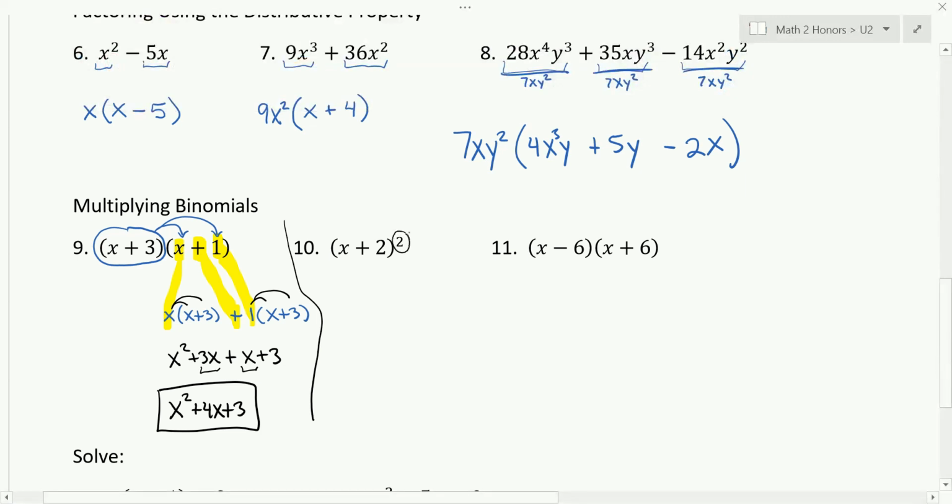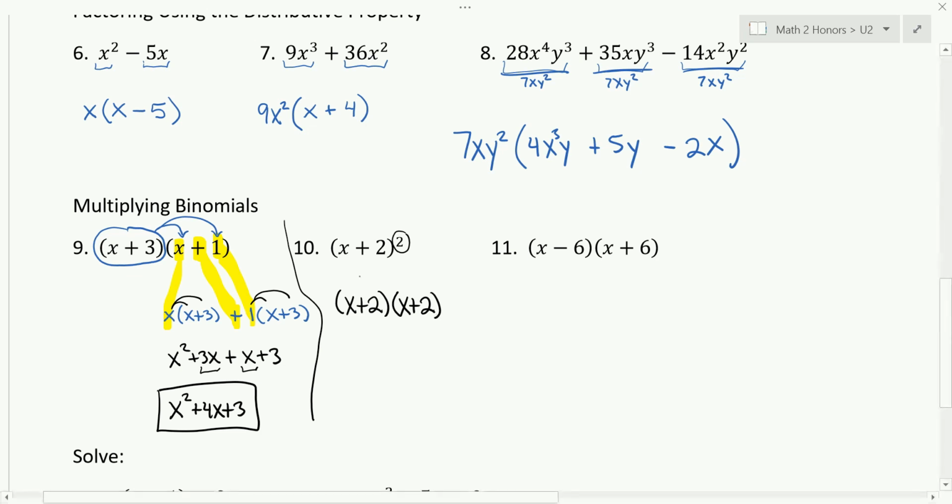What does it mean to square an item? It means to multiply it with itself. So this means x plus 2 times another x plus 2, right? And that's what you're going to have to do there. And so then it looks like number 9.